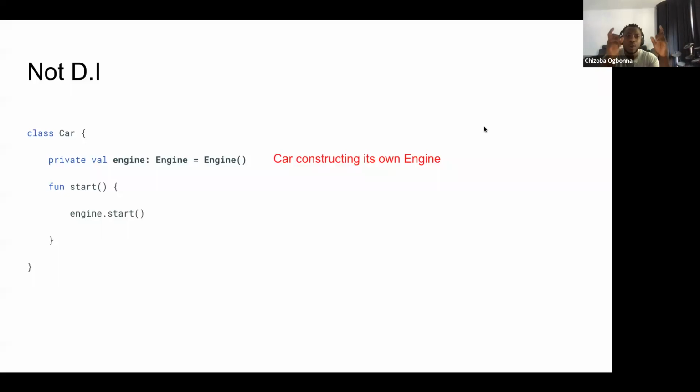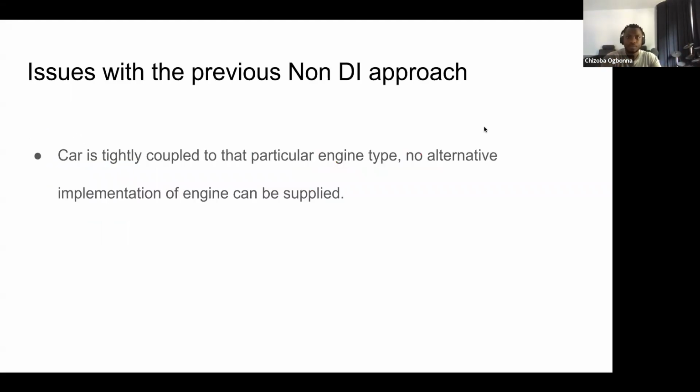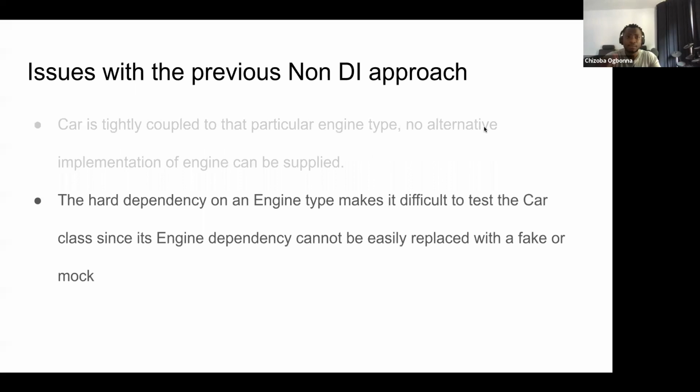Apart from bothering the car with the implementation detail of creating its own engine, this is also tightly bound. Nothing can be changed. So the issues: the car is tightly bound, and you can't supply an alternative implementation. And the hard dependency on the engine type also makes it difficult to test the car class.